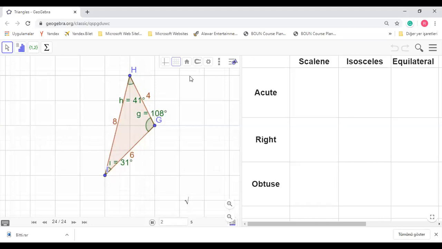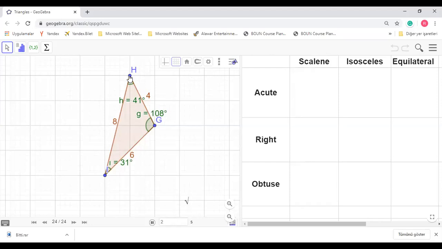As you see, there's a triangle and a table. For this activity, we will try to create some triangles and they will be classified by both their sides and their angles. For example, let's start with trying to create an acute scalene triangle.